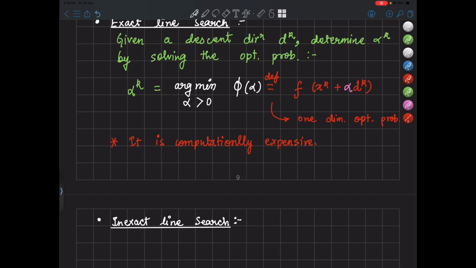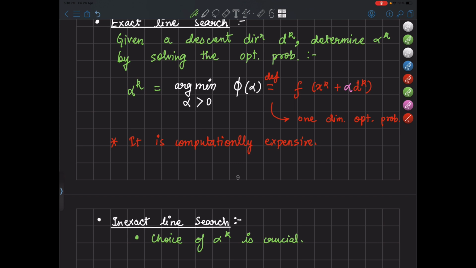As the name suggests, here we are not trying to find the exact alpha for which f is minimum. Here we use some thumb rules rather than the optimization problem, which makes it computationally less expensive. But here the choice of alpha k is crucial. We cannot just choose any alpha k.